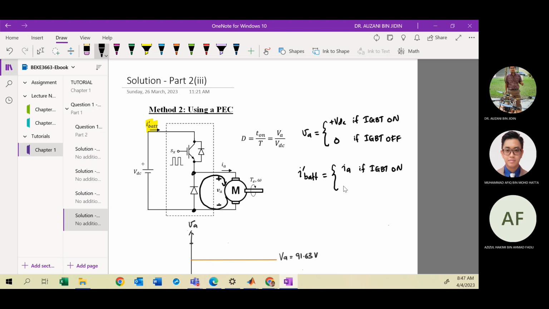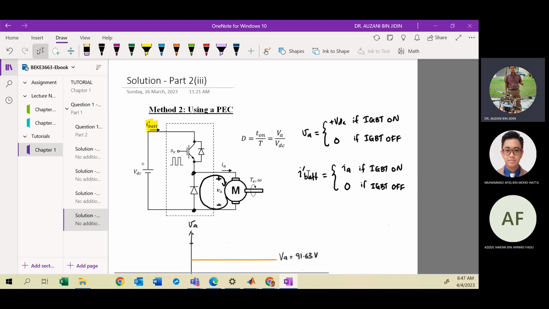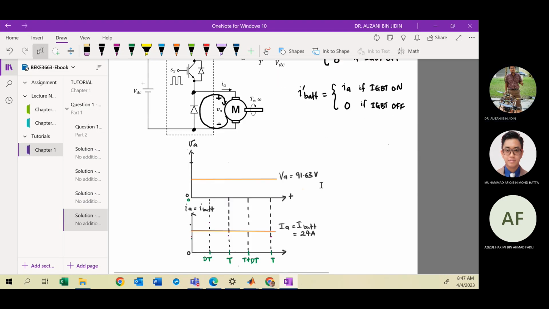Otherwise the battery current is 0 if the IGBT is off. Based on these two expressions, you can sketch the waveform.